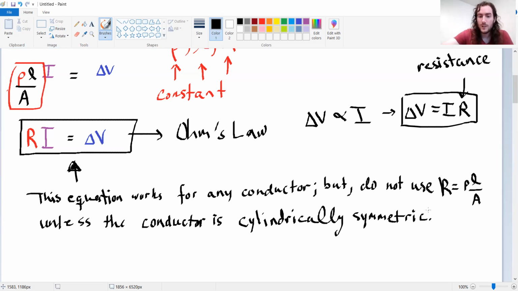So anytime you hear the phrase wire, it's cylindrically symmetric. And in most cases, you'll have some sort of cylindrical symmetry.